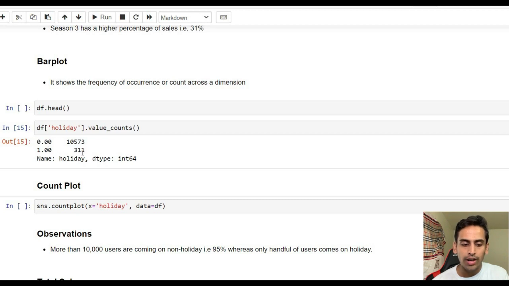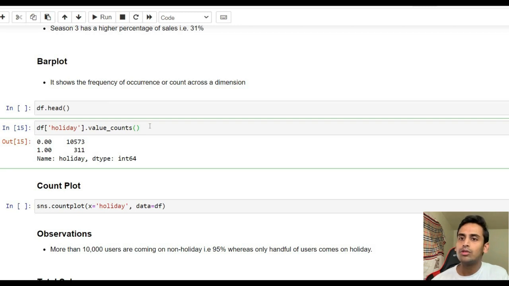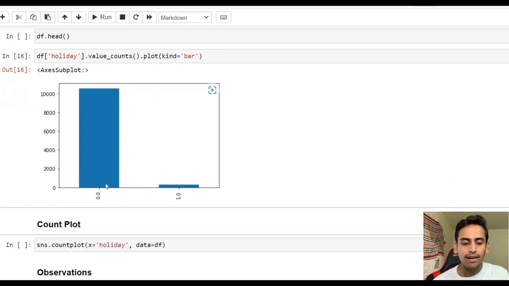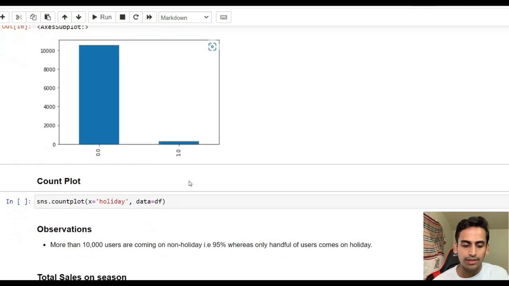When holiday equal to 1, I have around 311 observations. But if I want to see it in a bar plot, I can include the function .plot with kind equal to bar, because we are plotting a bar plot. And now we can see in the graph that for holiday equal to 0, we have more than 10,000 observations, and for 1 we have around 300 observations.